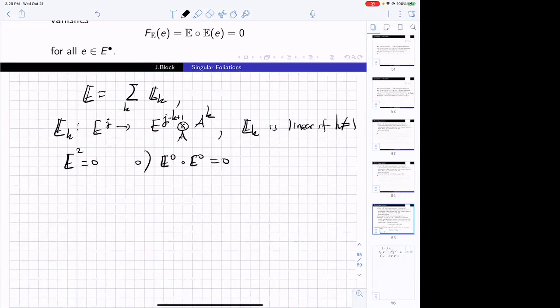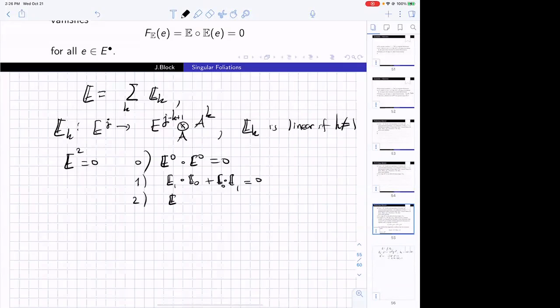For E1, it acts like an ordinary connection. The condition 1 is that E1 composed with E0 plus E0 composed with E1 is 0. So this just says that E0 as a connection, as a map, is covariantly constant with respect to E1.